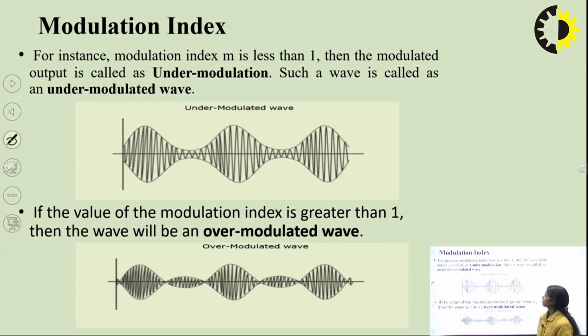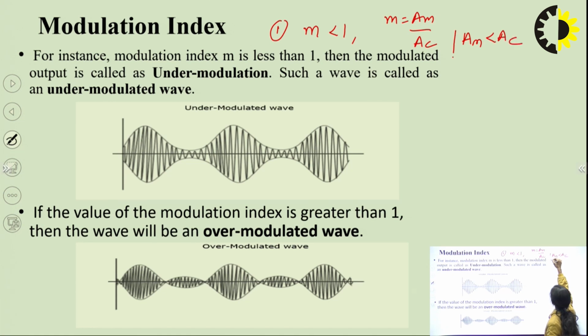In this case, first we are taking the modulation index case 1. In this case, m is lesser than 1. That means the modulation index is less than 1. It signifies that m equals Am divided by Ac, which shows that Am is lesser than Ac.